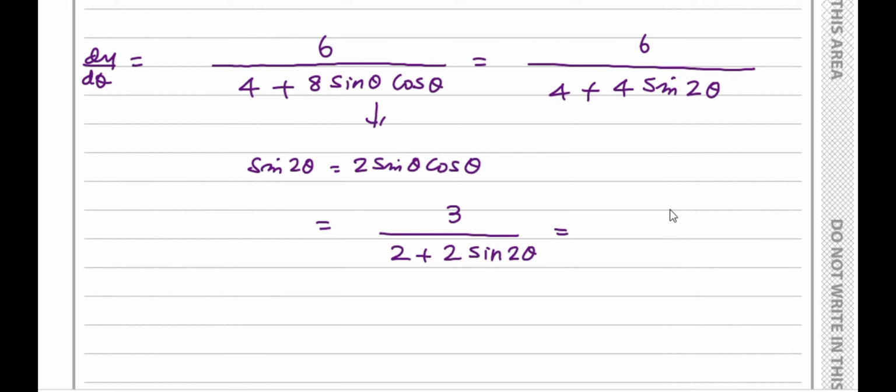So we need to write this as 3 over, take the 2 out after factorizing, so 1 plus sine 2 theta. Okay, so we are nearly there. So we can write this as 3 over 2 times 1 over 1 plus sine 2 theta. That's it. So this 3 over 2 is essentially the capital A, which is represented in the question. So we could as well write it here. A is equal to 3 over 2.